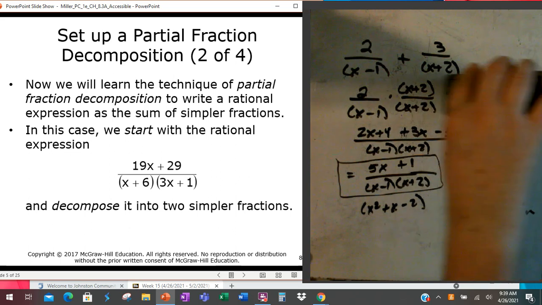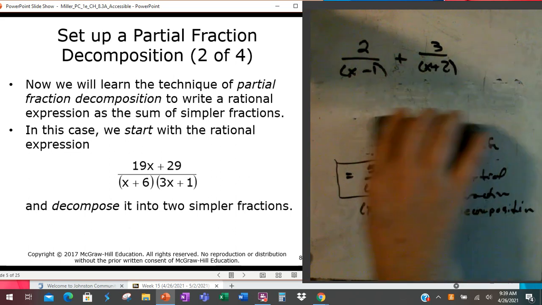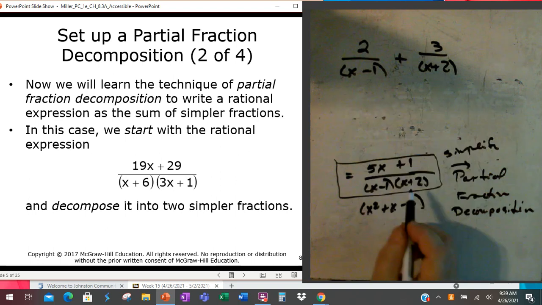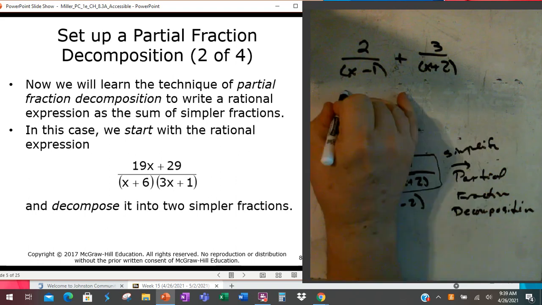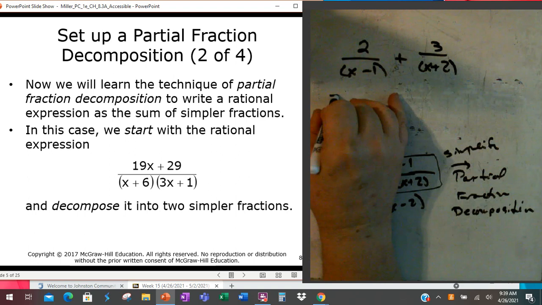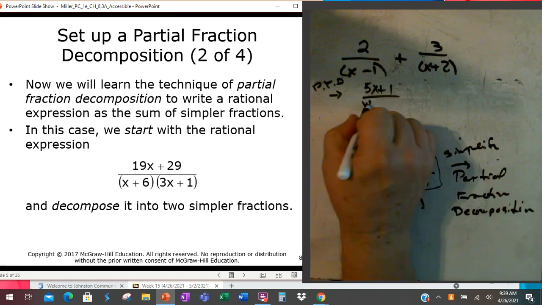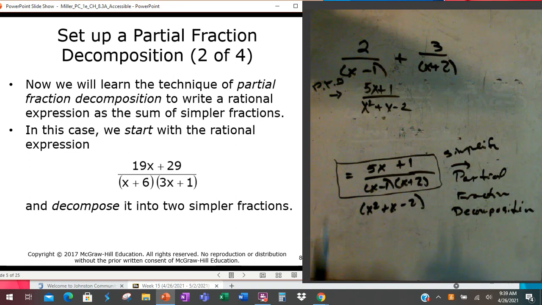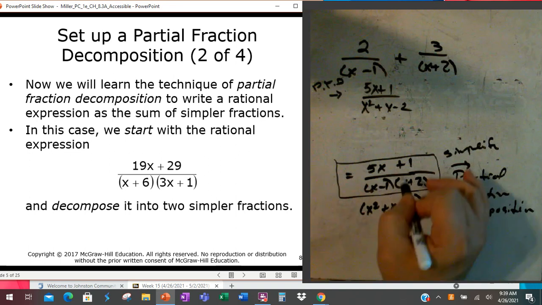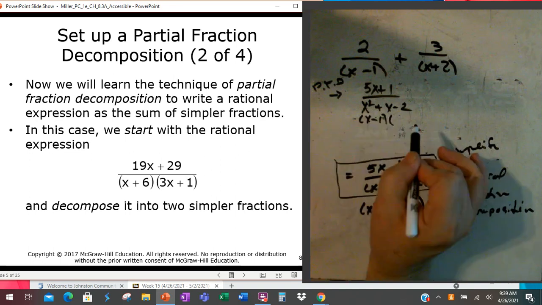I want to do a partial fraction decomposition of 5x plus 1 over x squared plus x minus 2, which is x minus 1, x plus 2.